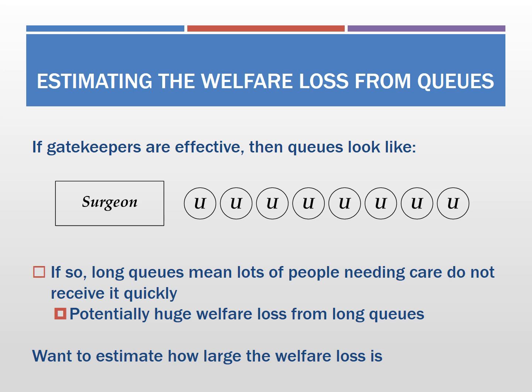There might be someone out there who really needs the service or the treatments, but they are forced to keep waiting because we just don't have enough surgeons or service providers in the market. It potentially involves a huge social loss from this kind of long queue. In order to estimate the social welfare, there are several strategies that can be applied.